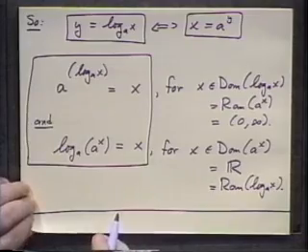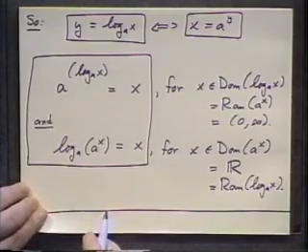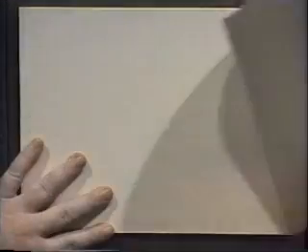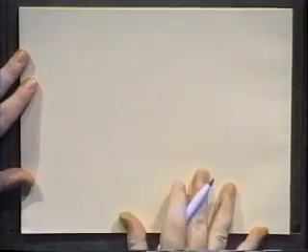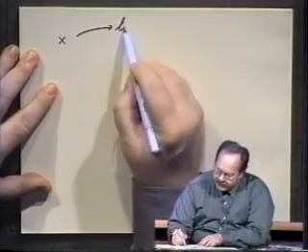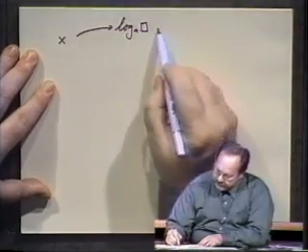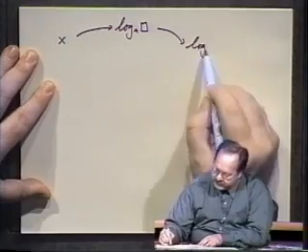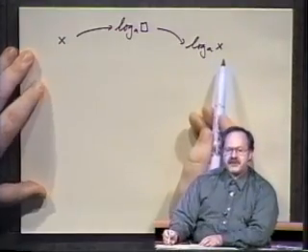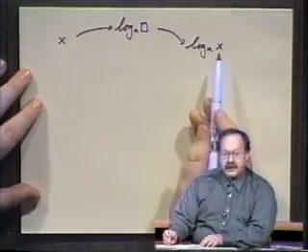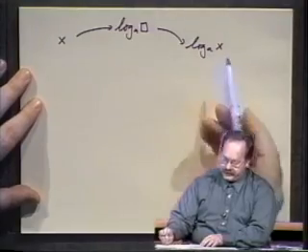But I know that this is a little bit odd sometimes to get used to. So let me draw you a couple more pictures that I hope will clarify a little bit of this. These are pictures similar to what I did before. Suppose I start with the value x, and I apply the function log base a of box to that value x. And I end up, of course, with log base a of x. And see, there's a place where I might not write the parentheses around x because there's only a single thing there.